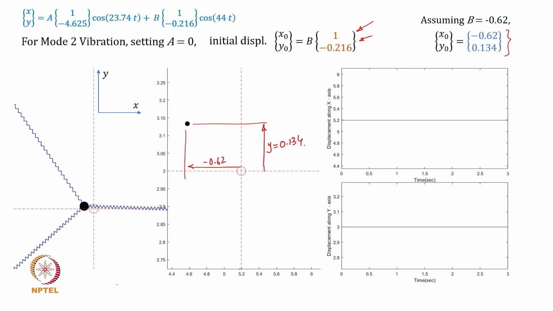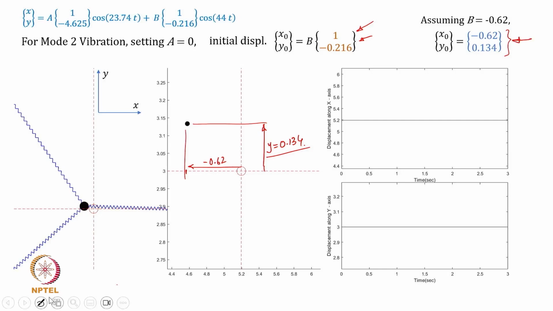You can actually see this one; it will turn out to be minus 0.62 if you measure it. 0.2, 0.4, 0.6, and some value here, and 0.134 will be on the y-axis. They are not exactly the same scale, that's why you see a slightly distorted one, but it essentially means the same initial displacement as has been arrived at here.